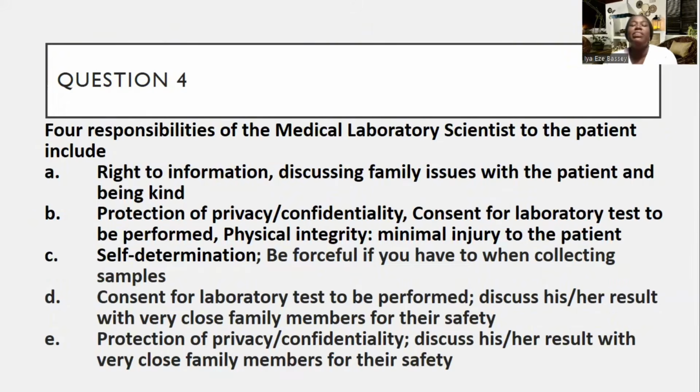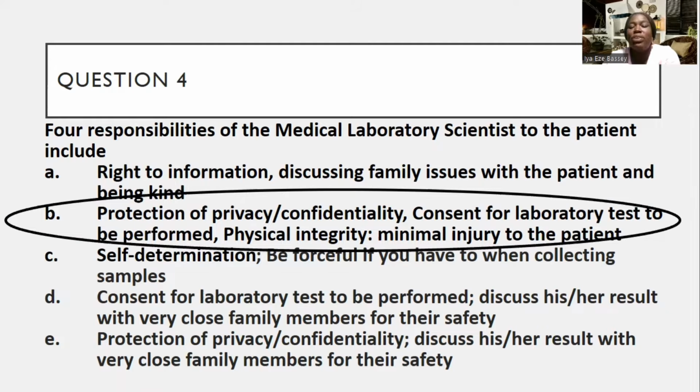Then C, self-determination. Then be forceful if you have to when collecting samples. Some people don't like needle pricks. Consent for laboratory tests to be performed, discuss his or her results with very close families for their safety, especially if somebody has like HIV. Protection of privacy, confidentiality, then discuss his or her result with very close family members for their safety.